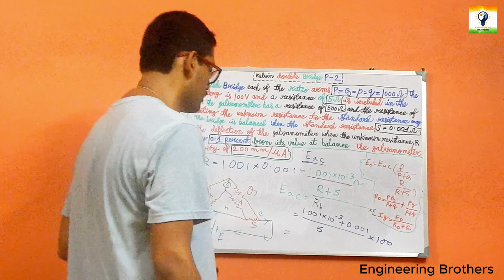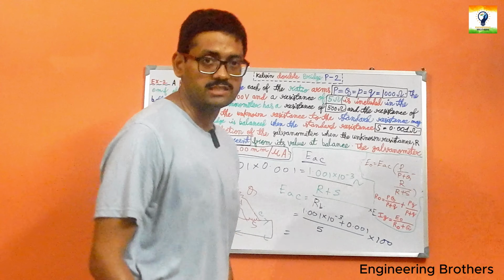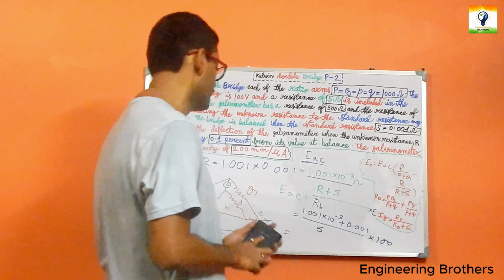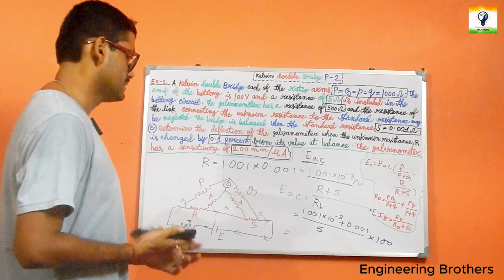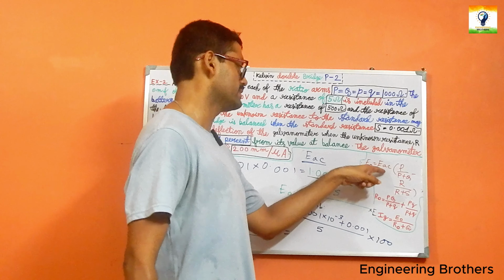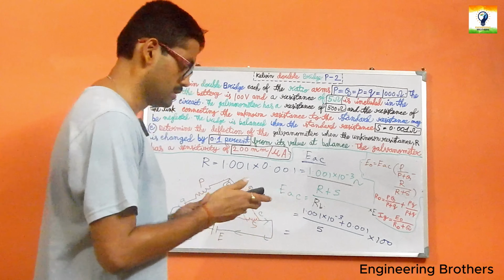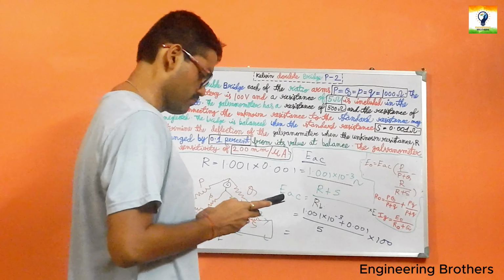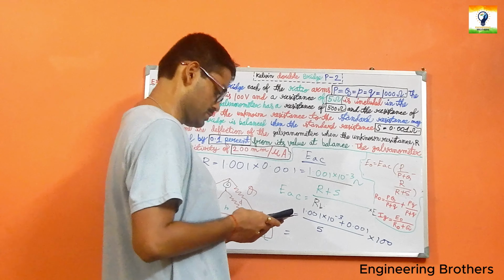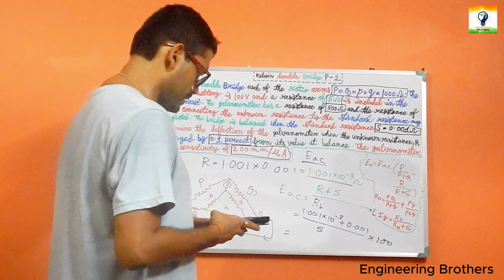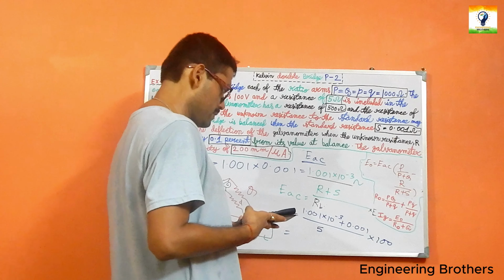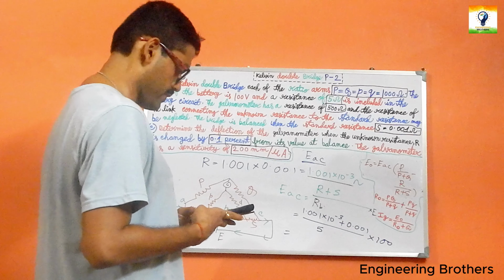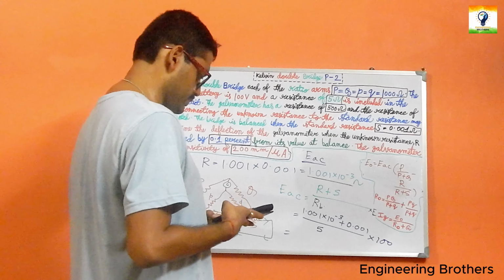So once again we are going to utilize the scientific calculator to get the value for our EAC, and that will be reflected on this given expression over here. So what is the value? 1.001 multiplied with 10 power minus 3 plus 0.001, divided by 5, multiplied with our 100.